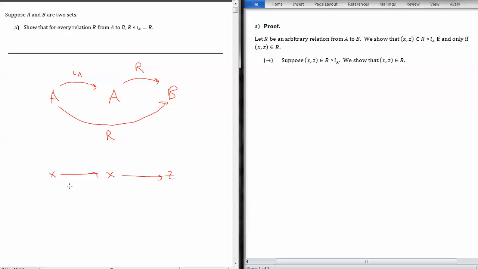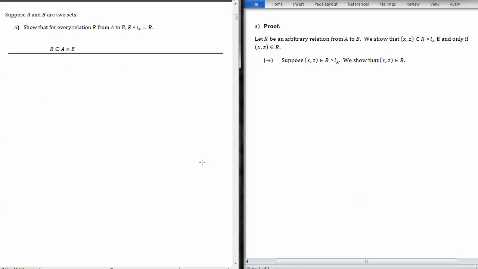And so because x to z is sort of obtained by composing x, x and x, z, it must be in R composed with I sub A. Okay, so that's the general idea. Let's try and write down a proof.